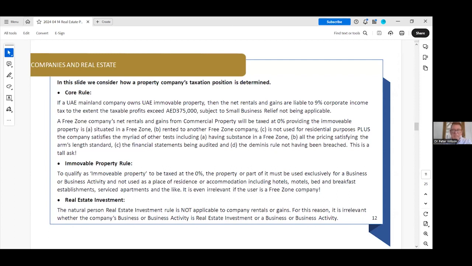Is the client a free zone entity? Is it used for residential purposes? Does it have substance in the free zone? To be able to get 0% on the rental income and the corporate gain is really threading through the eye of a needle.